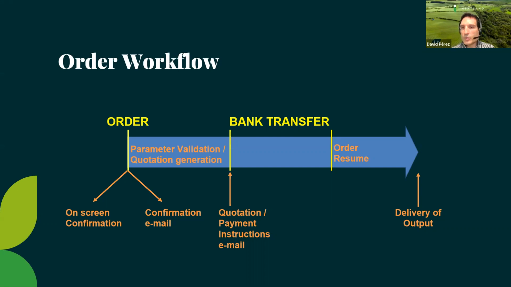And then you will have some time, I was going to say all the time in the world, you will have some time to make a bank transfer and confirm the order and pay for it. Once we make sure that everything's correct and payment has been made, the order will be resumed.